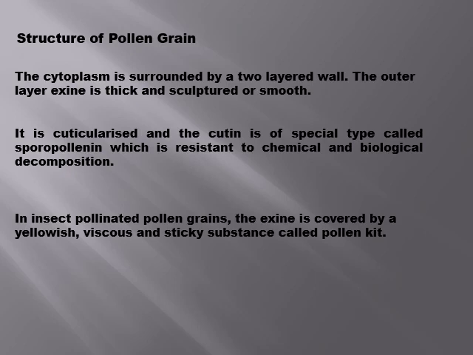It is cutinized and the cutin is of a special type called sporopollenin. Sporopollenin is a cutin of the pollen grain which is resistant to chemical and biological decomposition. In insect pollinated pollen grains, the exine is covered by a yellowish, viscous and sticky substance called the pollen kit.